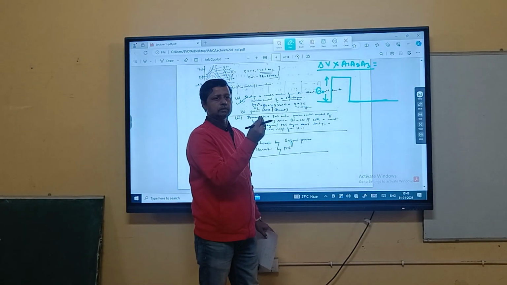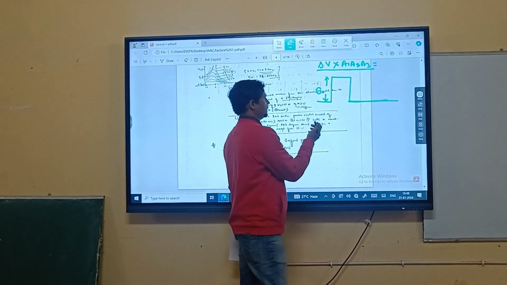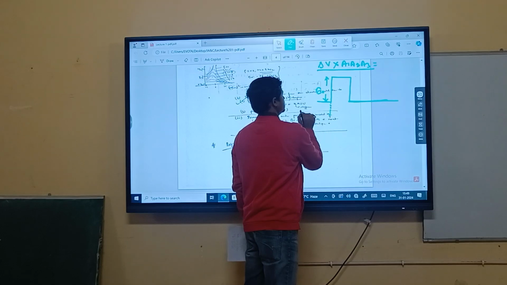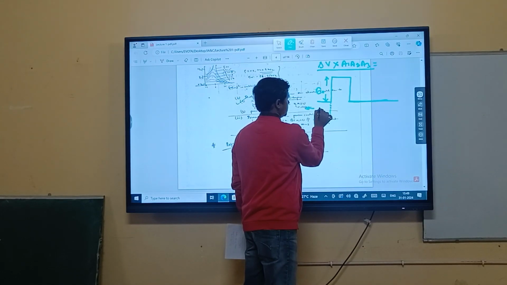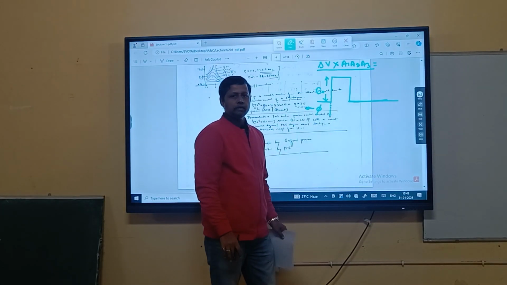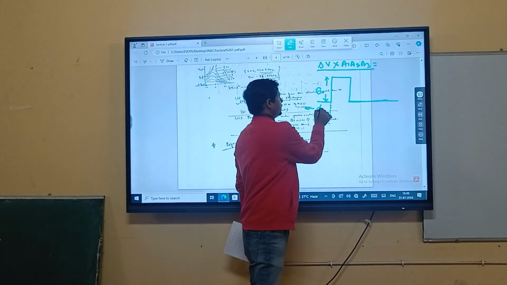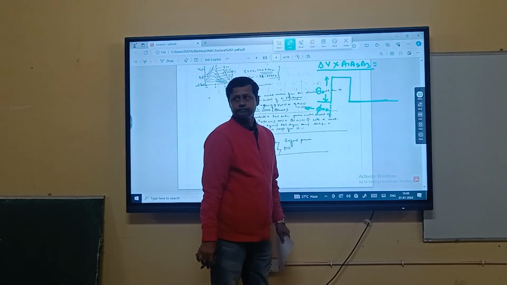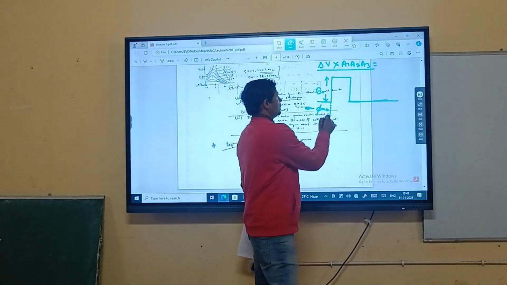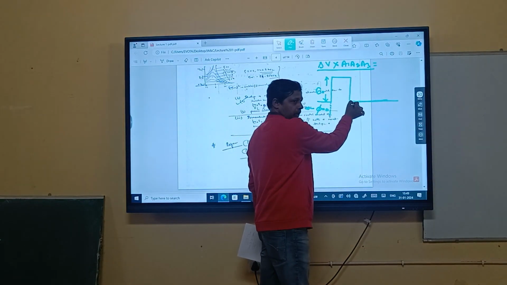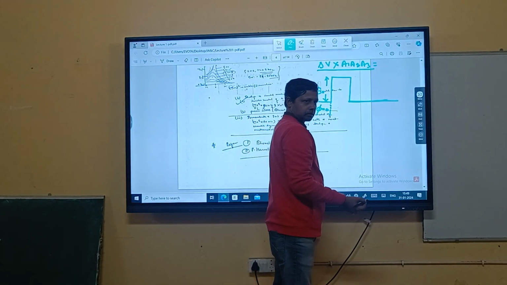You can take a reference of 2 volt, 1 volt, any finite value. Now this part represents phase, phi. If there is no phase deviation, then it is 0. Now this part is the active part, and there is some inactive part.